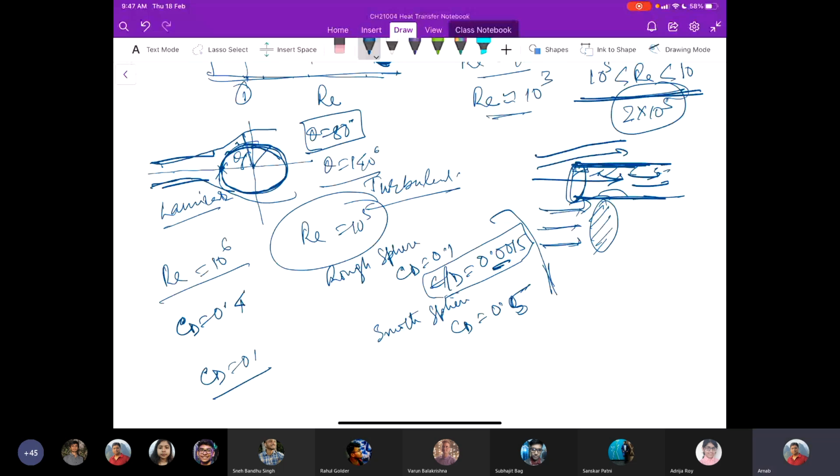This is for the smooth one, and this is for the rough one. So it changes its magnitude. It basically reverses the trend, because once you make the surface rough, it increases drag at very high turbulence.